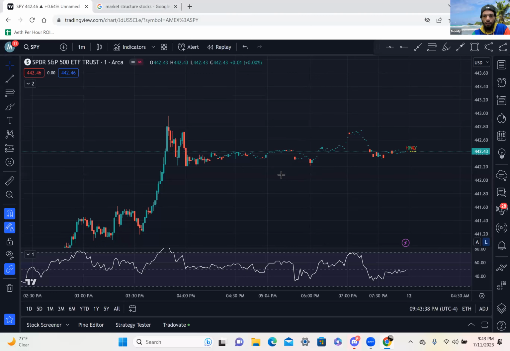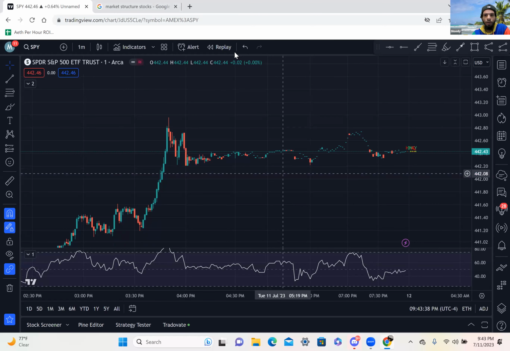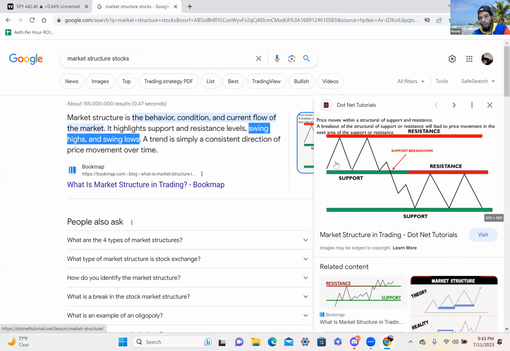All right, Chuck. So before I go into the chart, and for anybody else that may not know, your swing highs and swing lows, this is not going to be perfect because it's just lines, right? So what you want to look at is your low. This is going to be a low, that's going to be a high.